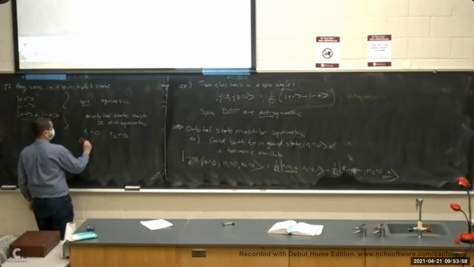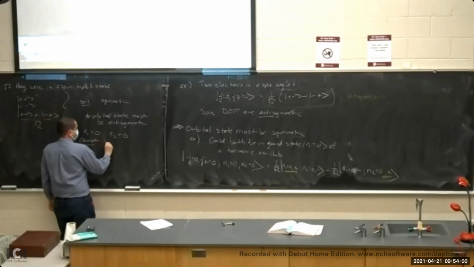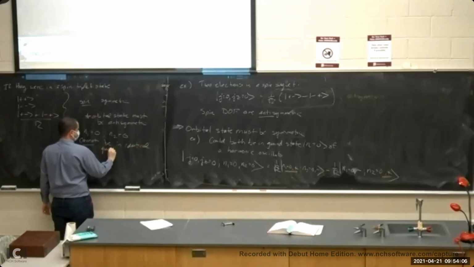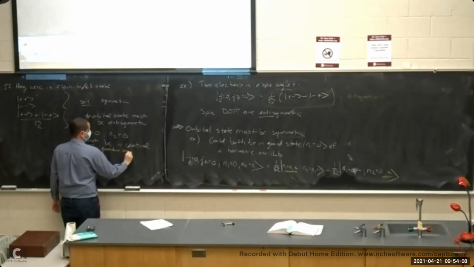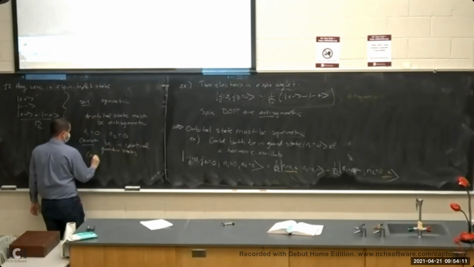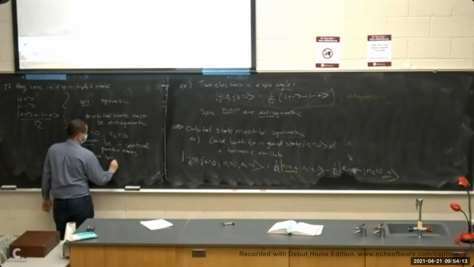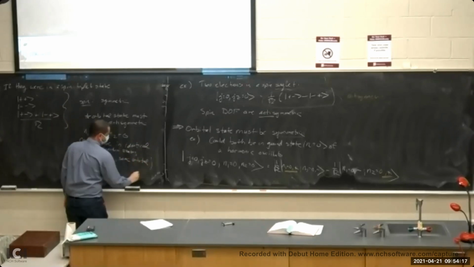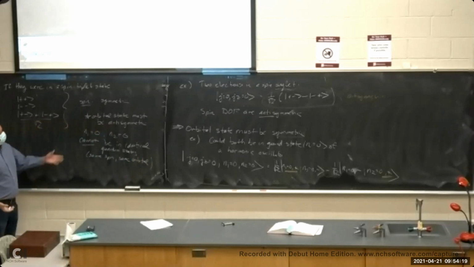So they cannot be in identical quantum states. Same spin, same orbital state. So this is the Pauli exclusion principle.